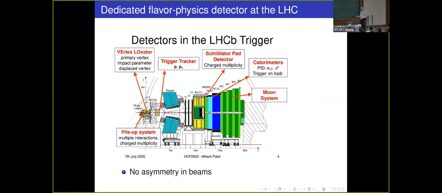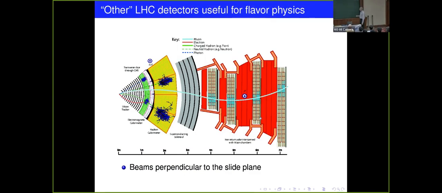LHCb is of course a dedicated experiment to look at B physics at the LHC. So this is the LHCb detector. And CMS, although it's not built for detecting B mesons, a lot of B physics can also be done with this.